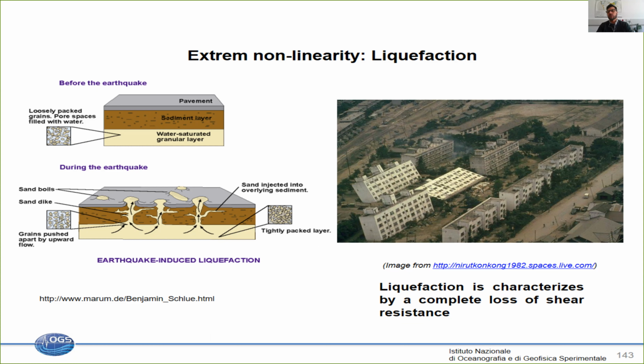So the earthquake in New Zealand, Christchurch, the earthquake in Emilia-Romagna in Italy a few years ago, they show very large effects, extreme nonlinearity that here is described as liquefaction. And even the recent earthquake in Croatia, probably you heard about it just after Christmas and before New Year's Eve, generated a huge amount of liquefaction.